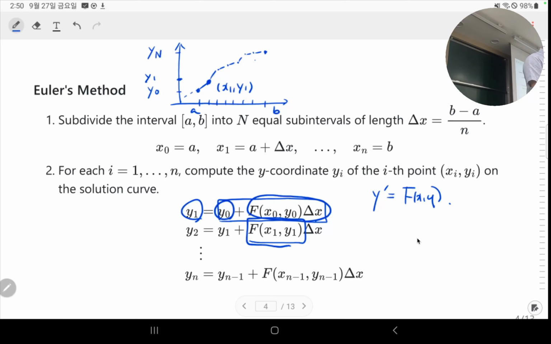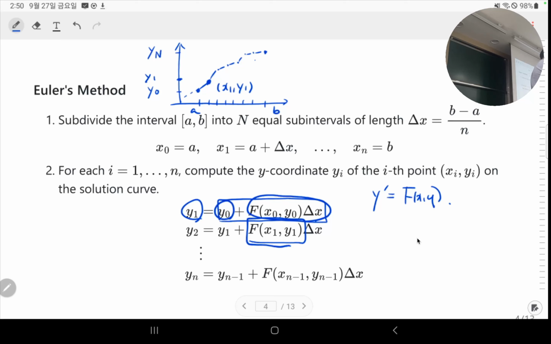The problem is there's an error, because at each step I estimate my next y value simply by taking the solution curve as if it's a linear line, right? But it's not always linear. So there are errors between the actual curve and the approximation line, and these errors accumulate as I move forward.